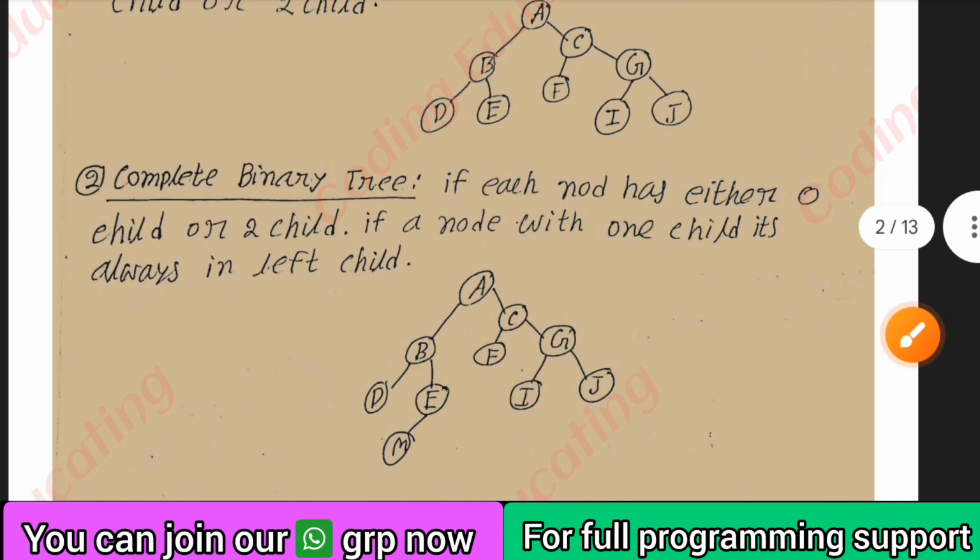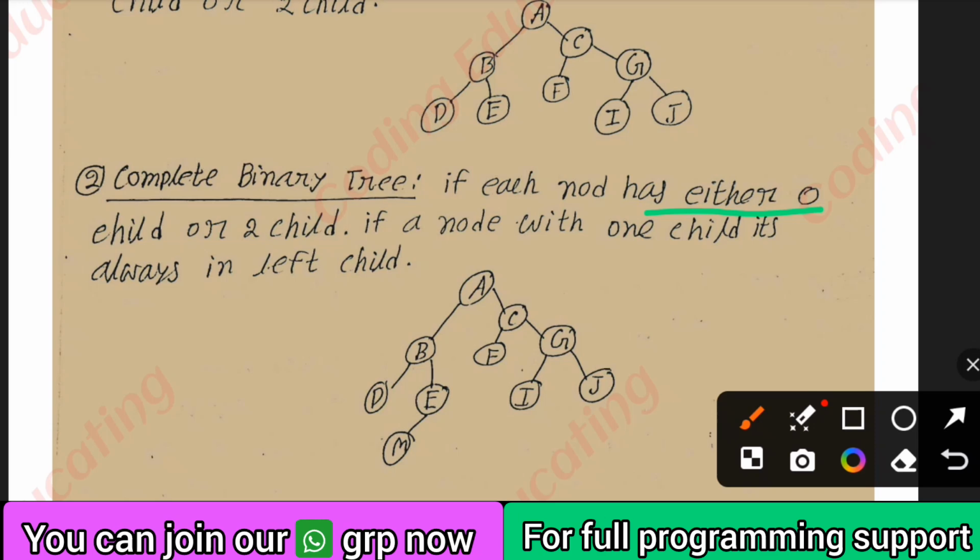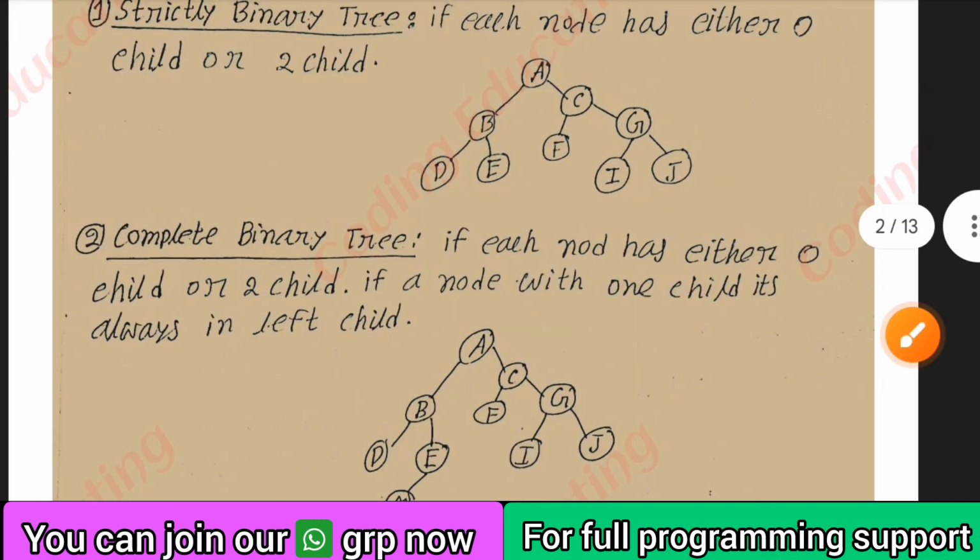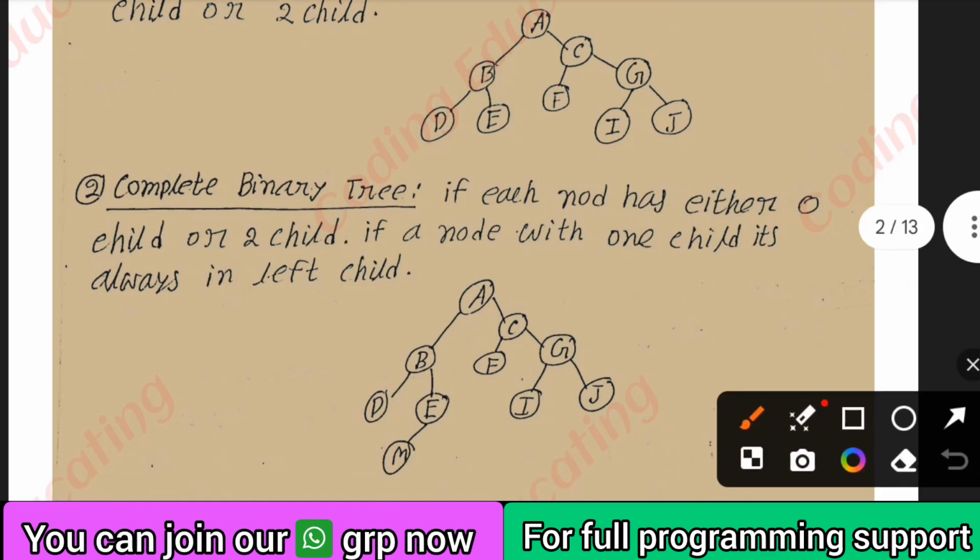After that, complete binary tree. What is complete binary tree? If each node has either 0 child or 2 child, and if a node has 1 child, it's always the left child. The complete binary tree is like a strictly binary tree, but there is a new feature: if a node has 1 child, then it's always the left child.